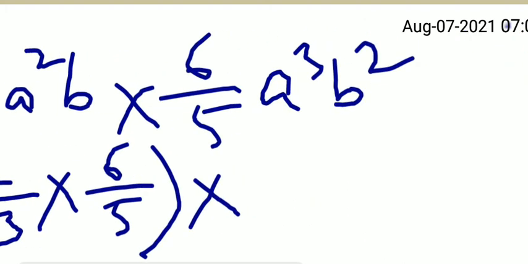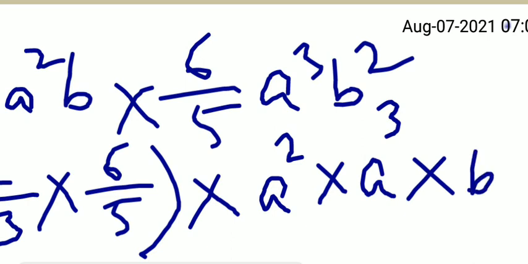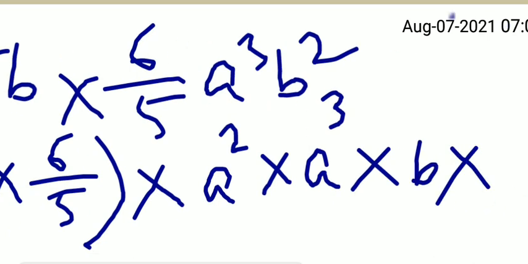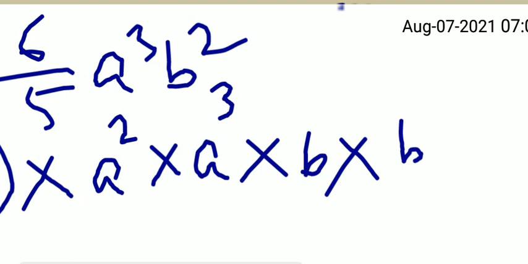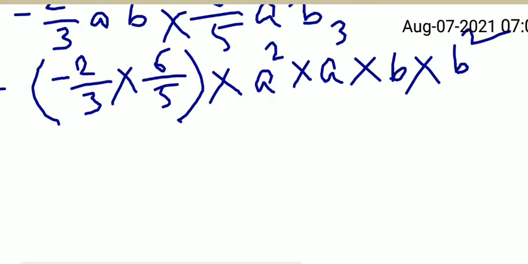So a square multiply with a cubed, so write a square into a cubed, multiply then b into b square. Okay, complete.